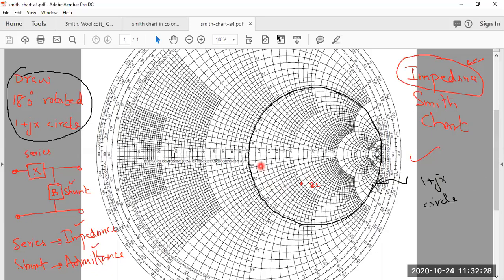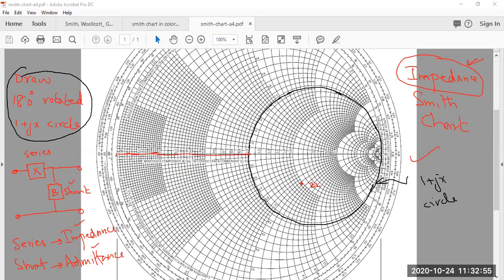So I'm going to draw a rough circle. How are you going to do that? What you need to do is look at this horizontal line. Again, I'm just drawing it for your convenience; you don't need to draw it.